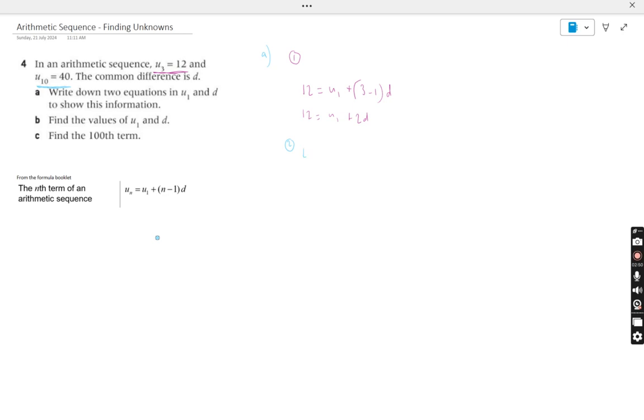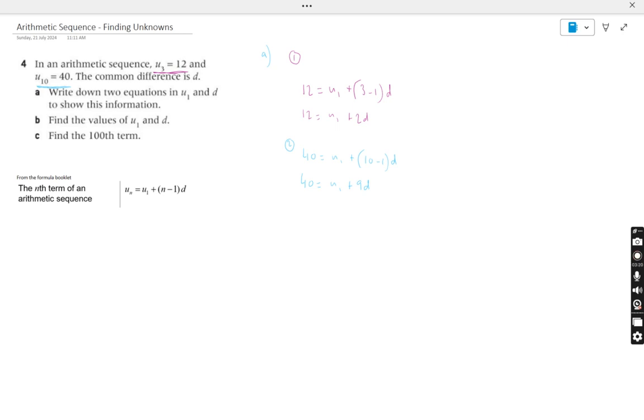So this time I'm going to have 40 equals U1, still not sure what that is, plus n this time is going to be 10 because it's the 10th term. 10 minus 1 outside of D. Let's simplify this to 40 equals U1 plus 10 minus 1 is 9 times D is 9D. Okay, that satisfies part A.